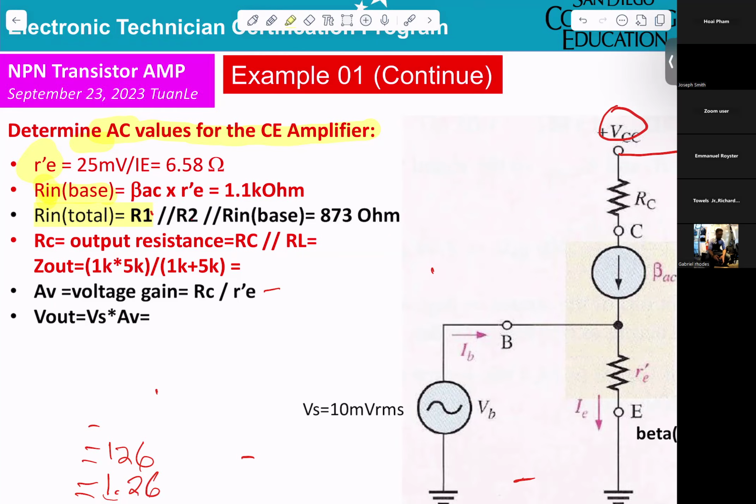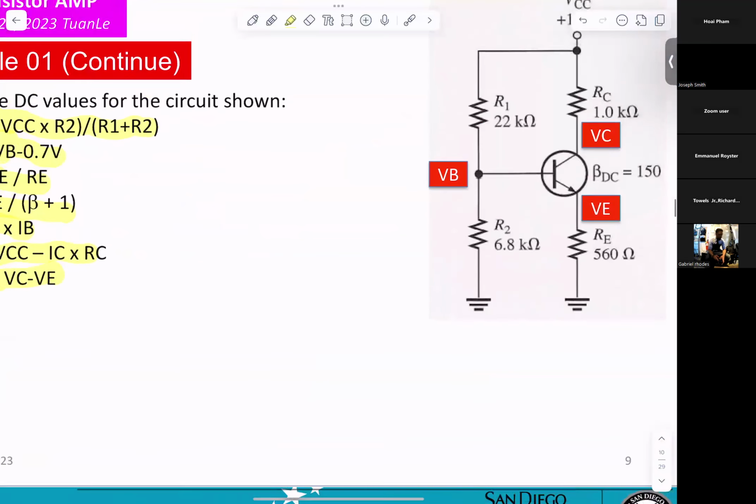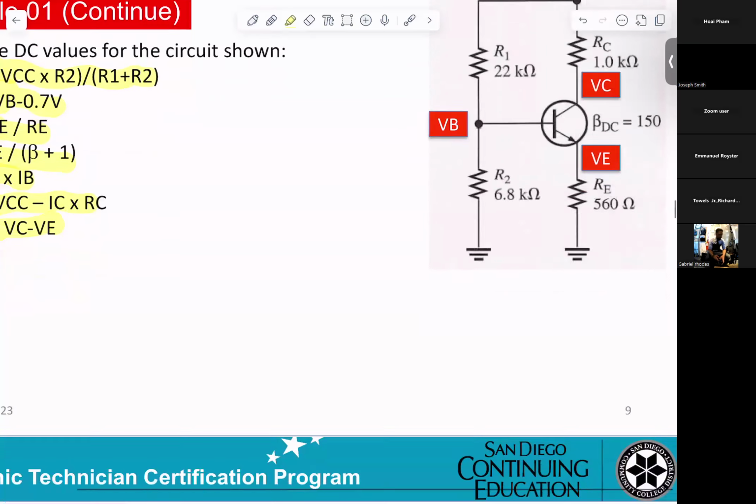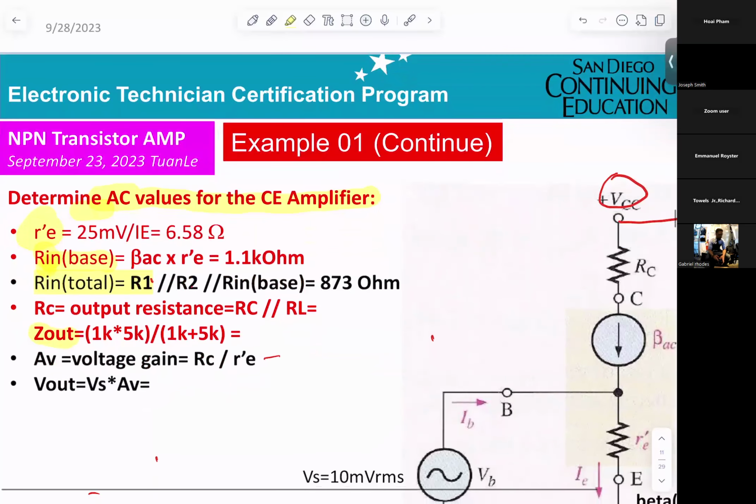And they want you to calculate the Z out, the output impedance. We already did it for you. If you're looking at that one, output impedance, let's see.